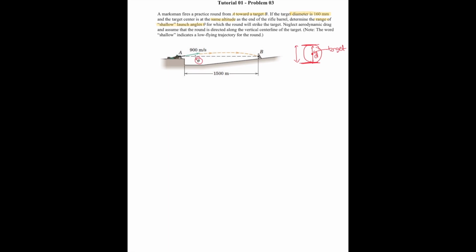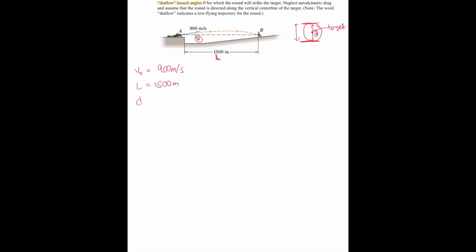To find that, we're going to have to be using our rectilinear motion equations for constant acceleration again. But let's rewrite what we already know. We know that our initial velocity is 900 meters per second. We know that our length L from the person shooting at A to the target at B is 1,500 meters.